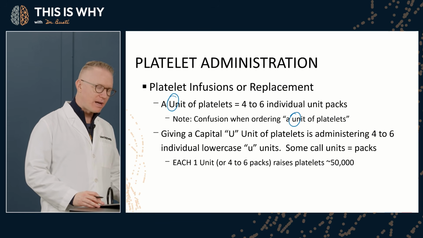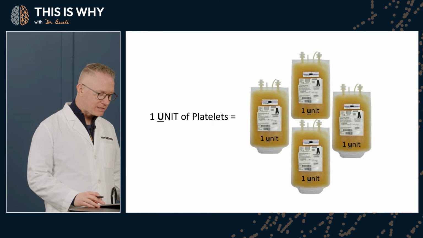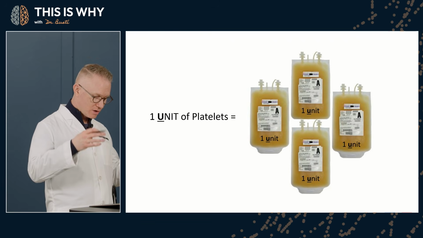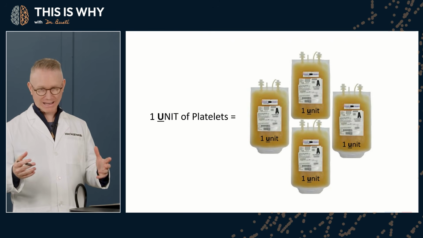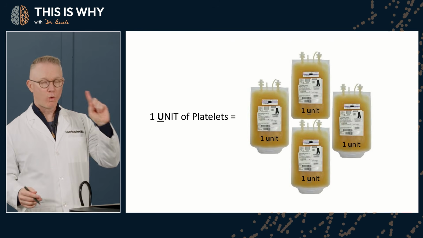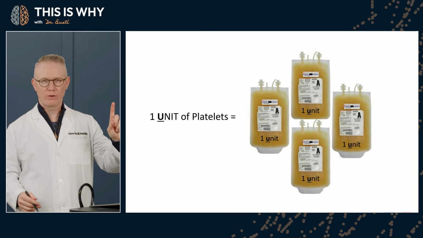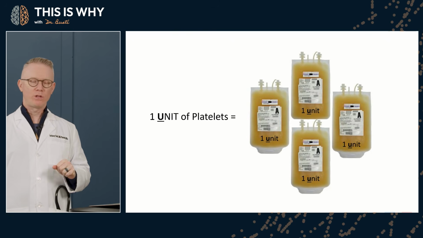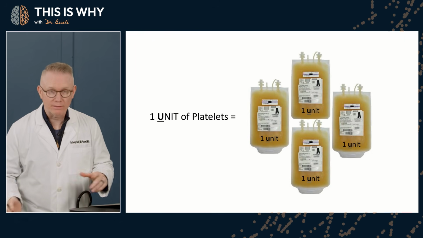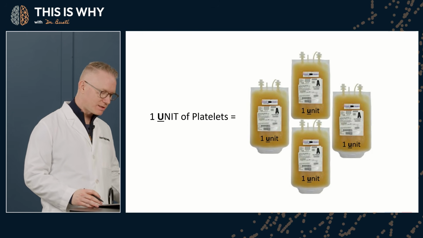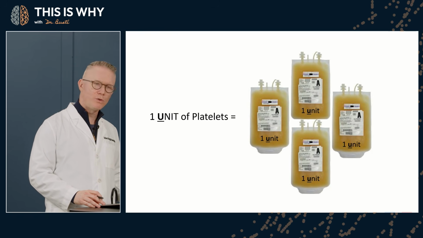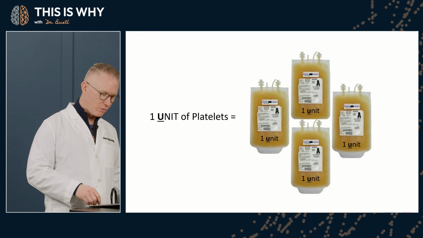Okay, I know. So what it looks like is basically this, right? So I've underlined and showed you in this image there are 4 bags or units, small units of platelets that make up 1 capital unit of platelets. So when you order them, you have to pick the right unit spelling. Very confusing, isn't it? But that's relevant, and I wanted you to be at least vaguely familiar with that.